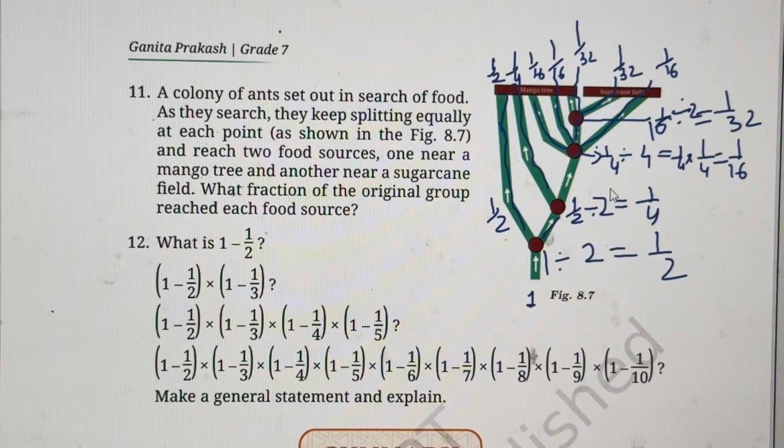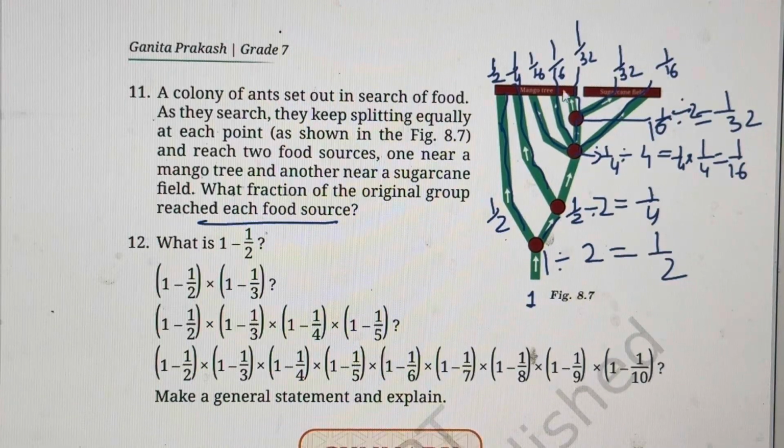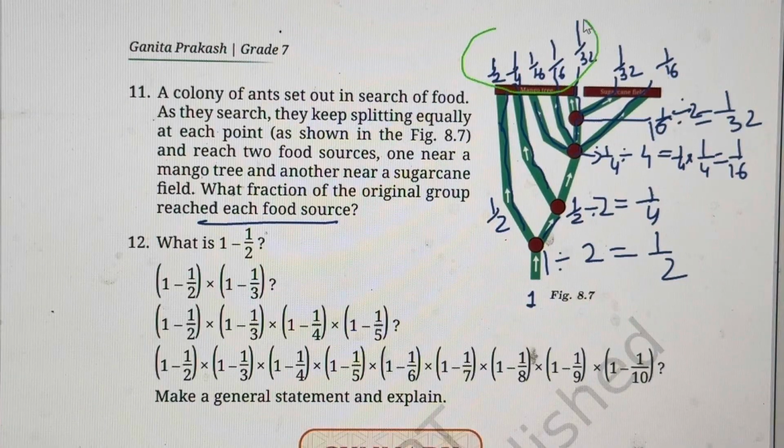That is their food resource. Now, what was the question? What fraction of the original group reached each source? So we need to find out. If I mark it over here, this group reached the mango tree, and this group reached the sugarcane field. So we need to just find out the total of this.